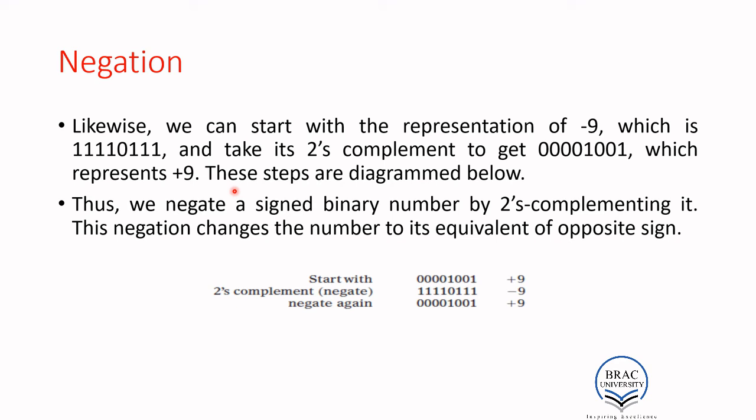These steps are diagrammed below. Thus we negate a signed binary number by 2's complementing it. This negation changes the number to its equivalent of opposite sign. So this is plus 9, 2's complement or negate, this is minus 9. Negate again, get plus 9.